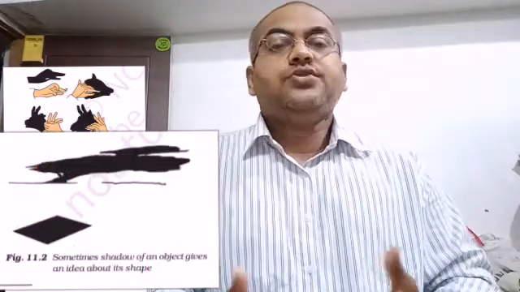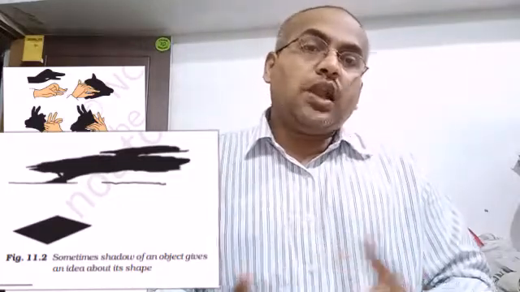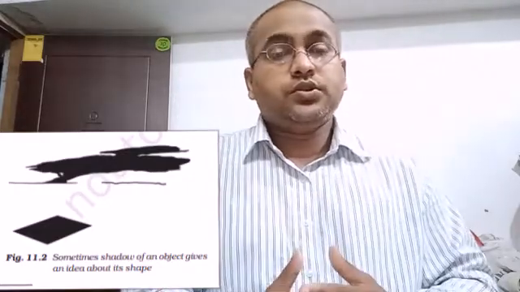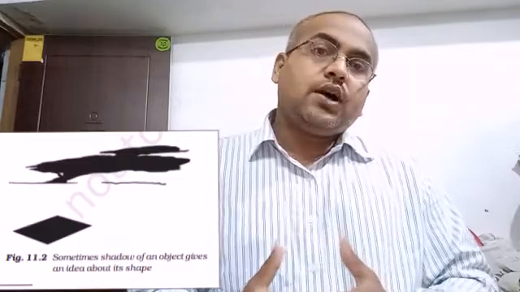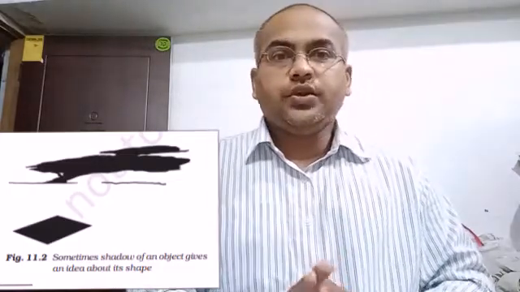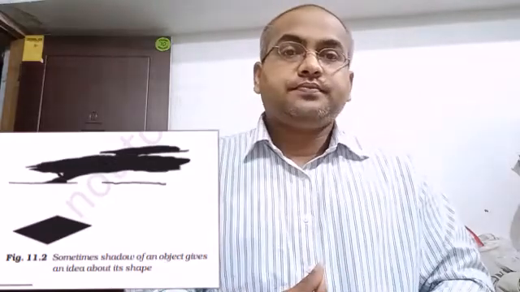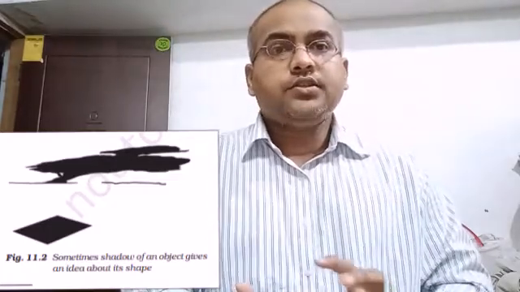Next comes the translucent object, the objects which allow light to pass through them but only partially, not properly. Like frosted glass. This glass allows light to pass through but partially, not properly. Next comes a paper which is rubbed with a fat.